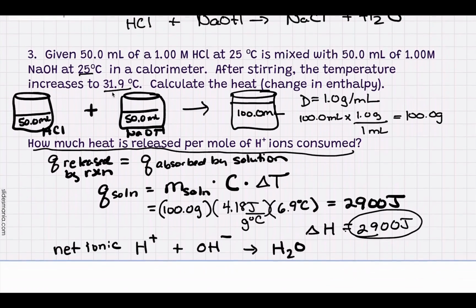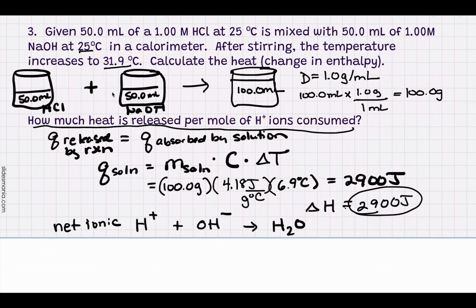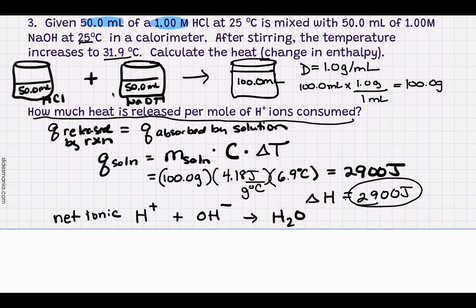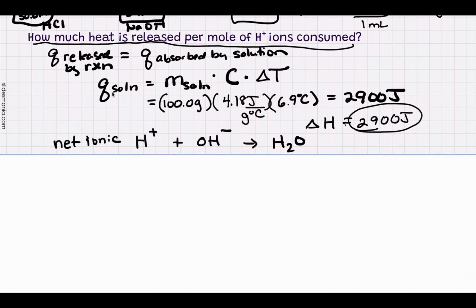So if you look at the question, I'm telling you I have 50 mL of 1 molar hydrochloric acid. So I can plug into the molarity equation and get the moles. I'm going to show it with dimensional analysis, but you can sure plug into molarity and solve for moles. So I want to first get into liters, and then I'm going to use that molarity as a conversion factor.